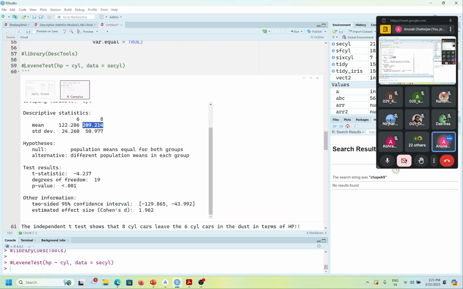So one other thing before going to that: everything else I think we have covered. This is something that we had just touched upon, the estimated effect size, the Cohen's d. So what this means is that the p-value gives you statistical significance. Very good. So they are statistically significantly different, but are they practically different?